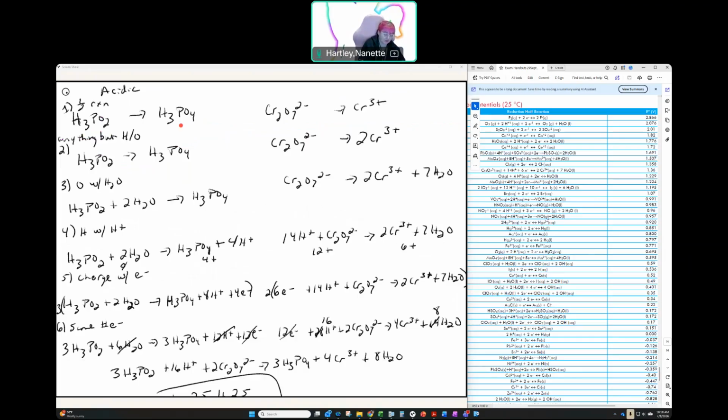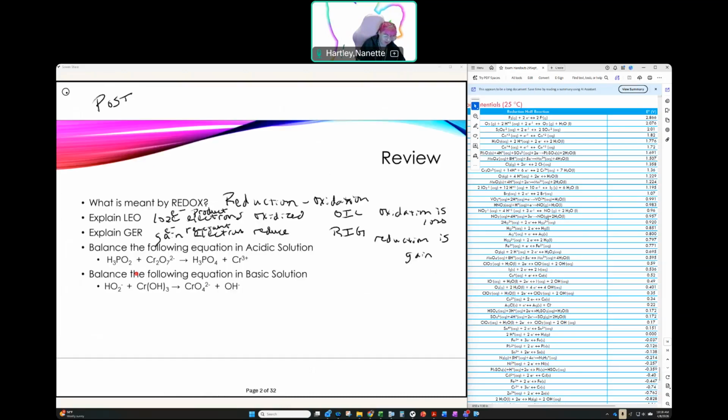That's one of my half reactions. The second one is Cr2O7 2-, going to Cr3+. And again, that came directly from what was on the slide. So I just split the things I have so that it's like terms. Chromium stays with chromium, phosphorus stays with phosphorus. So those are my half reactions that I write from this.